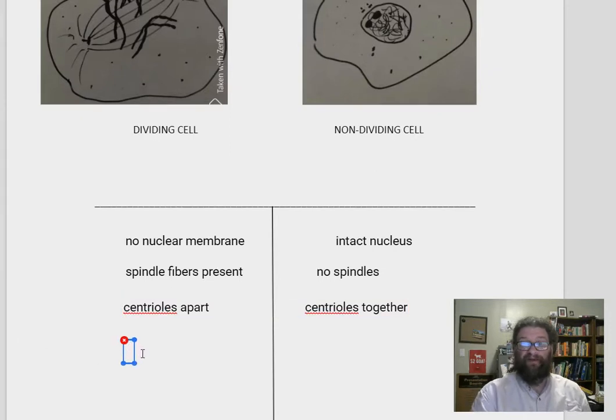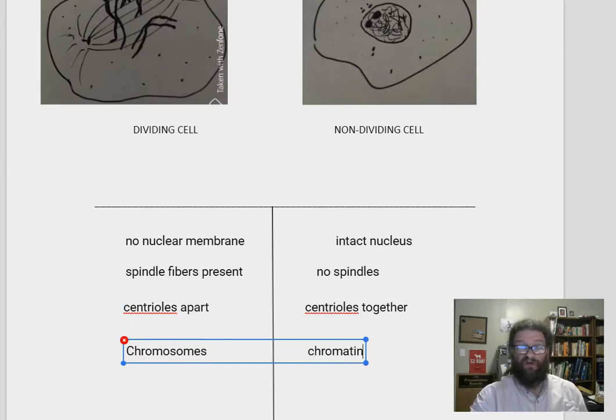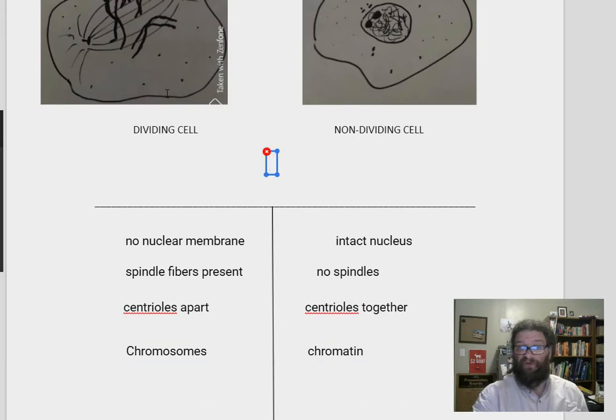Also very important is the form of DNA. So in this one I have chromosomes, where in the non-dividing cell there is chromatin. Regardless of whether it's dividing or non-dividing, it's still DNA.